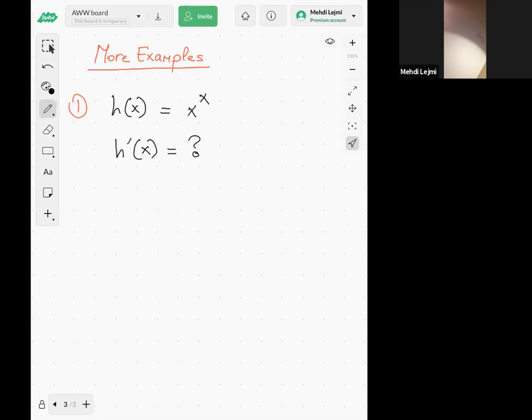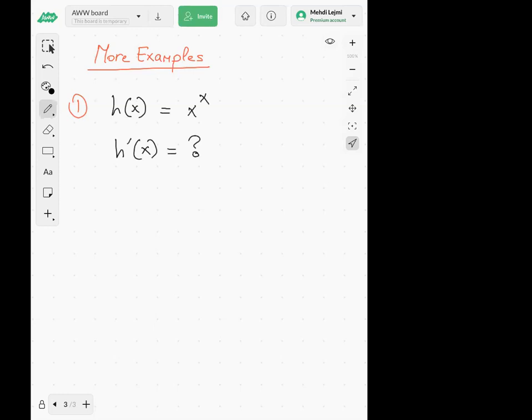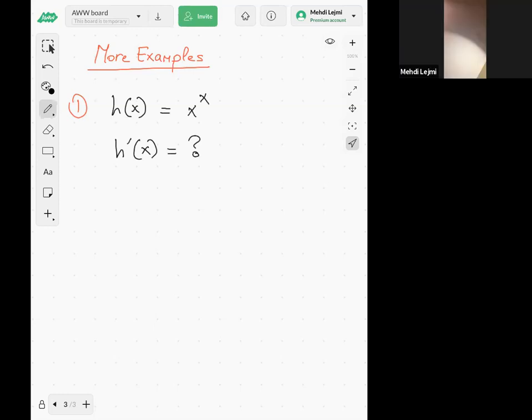So guys, any guess which rule I'm gonna apply here? Is this a power rule, or exponential? Well, the problem here is that x is at the same time the exponent and the base, right?